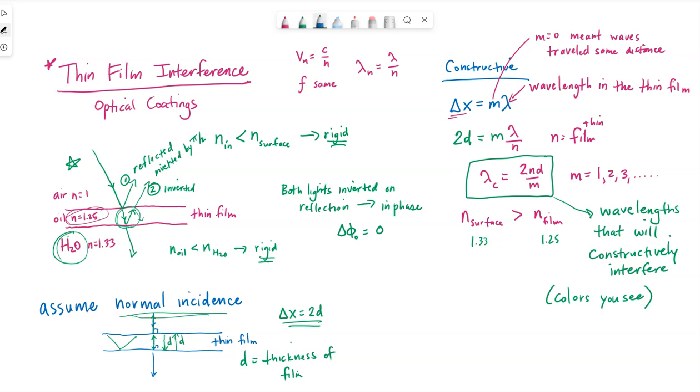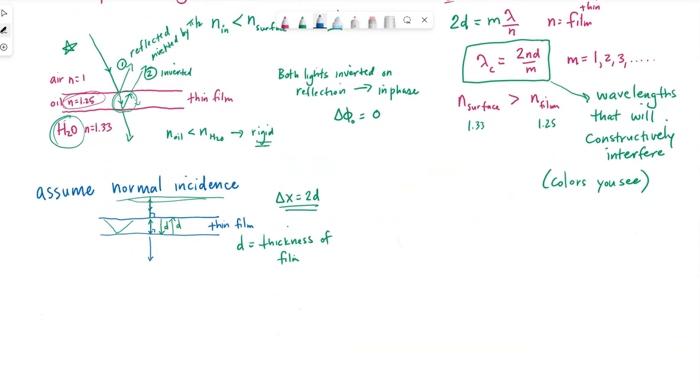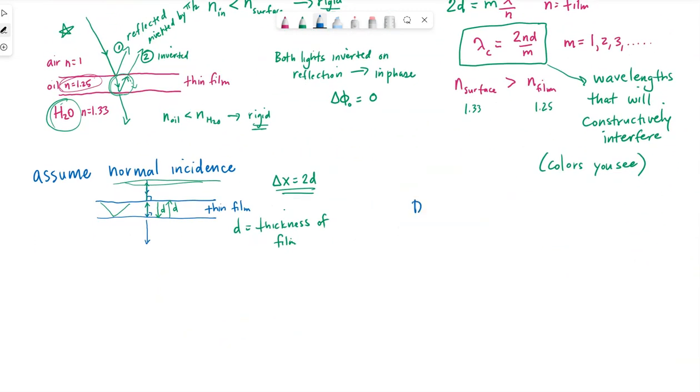Destructive interference, let me slide this up a little bit. We needed the waves to travel an extra half a wavelength. Since they are currently in phase, to get them out of phase, one wave needed to travel an extra half wavelength farther.